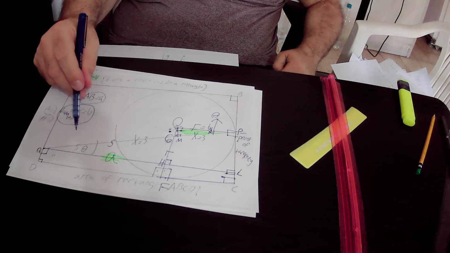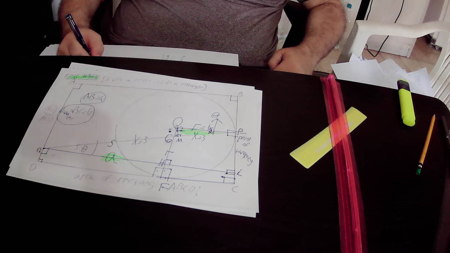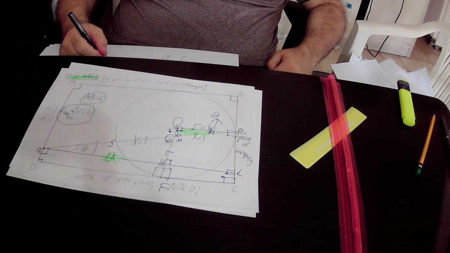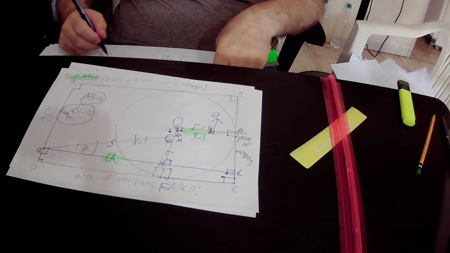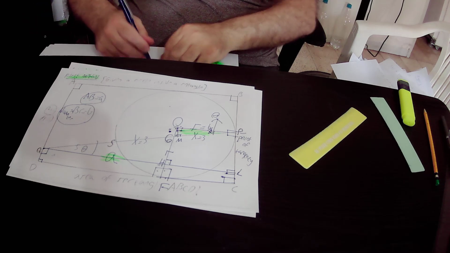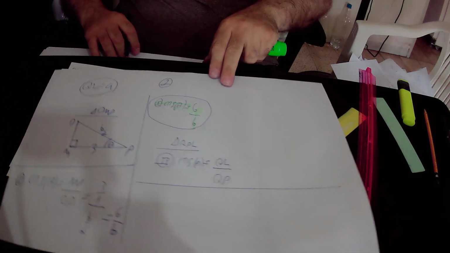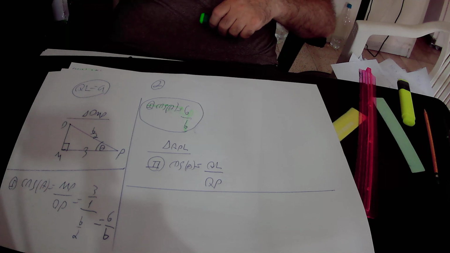Here cosine theta equals QL over QP. I repeat again, in the right big triangle, triangle QPL, cosine theta equals QL over QP.